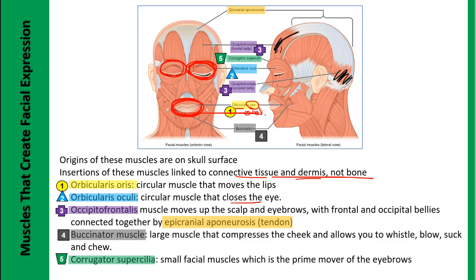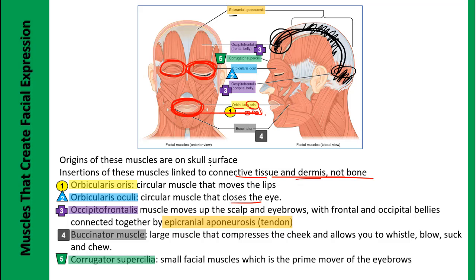You can see here you've got the frontal belly, and then you've got the occipital belly, and in between you've got a tendon that holds the frontal and the occipital belly together, and that tendon is called the epicranial aponeurosis.